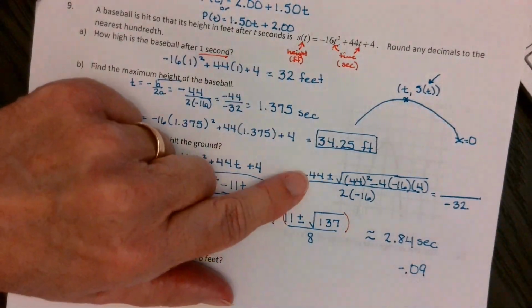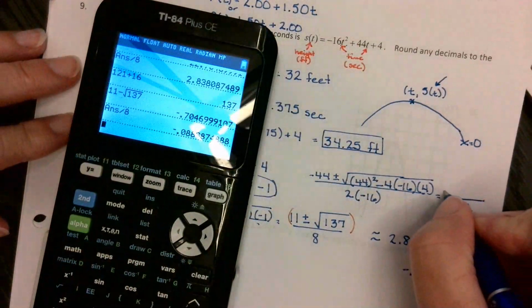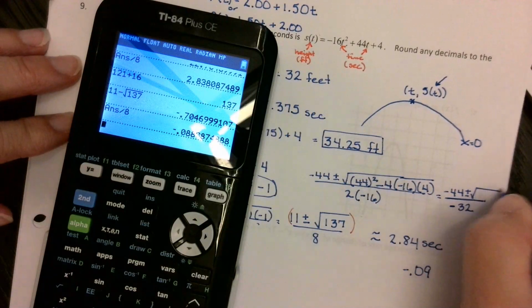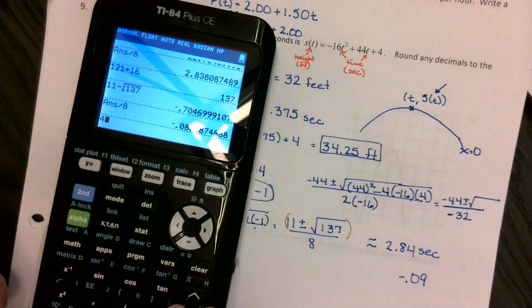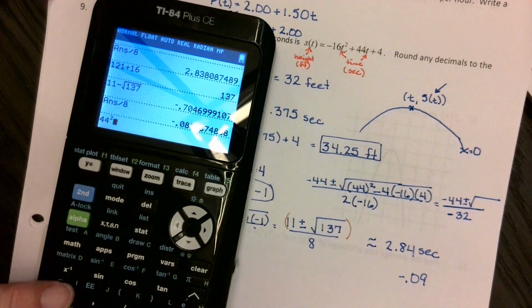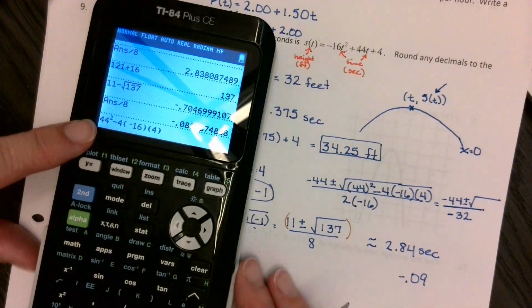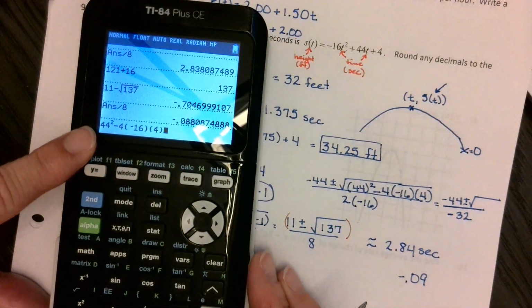On the top, let's see. Sorry about that. Okay, so let me figure out what's inside there just to make sure my answer sheet's right, because if it's wrong, I need to send you guys a text letting you know. 44 squared minus 4 times negative 16.